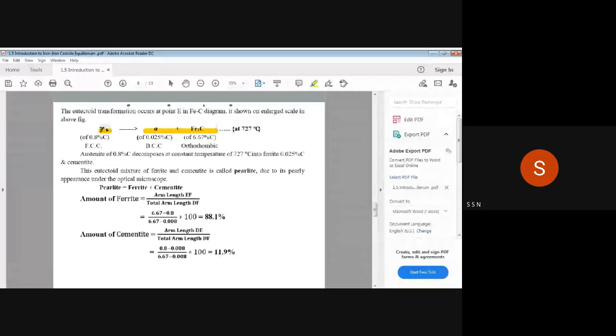Now, whenever this transformation occurs, the temperature is constant at 727, and the percentage of carbon is also important. We saw that these percentages of carbon are important.